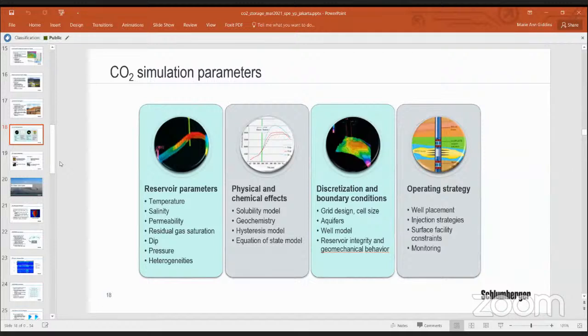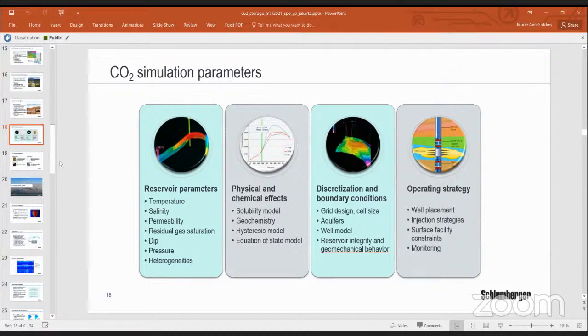The dip of the reservoir can have a significant effect on the injection behaviour. The pressure of the reservoir may determine what phase behaviour you expect in CO2, particularly when you consider it alongside the temperature. And of course, you want to know about the heterogeneities of the reservoir, which also have a big impact on CO2 storage behaviour.